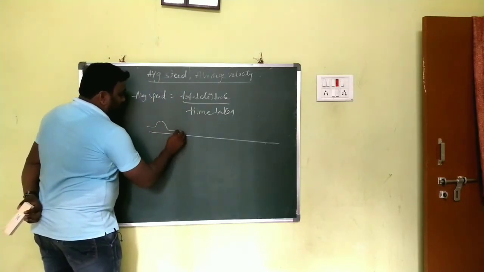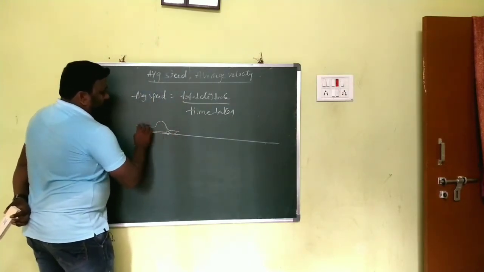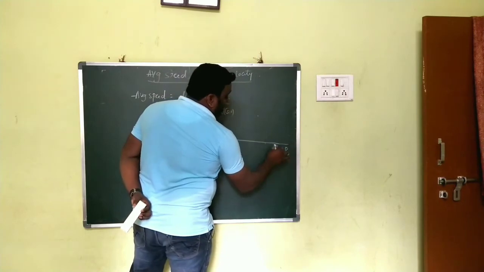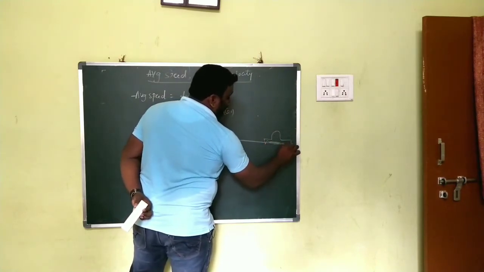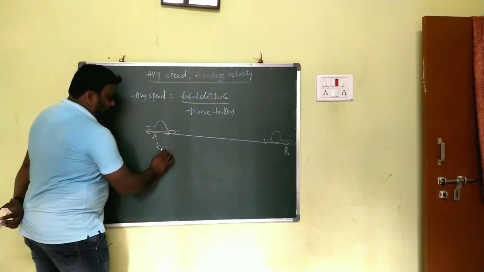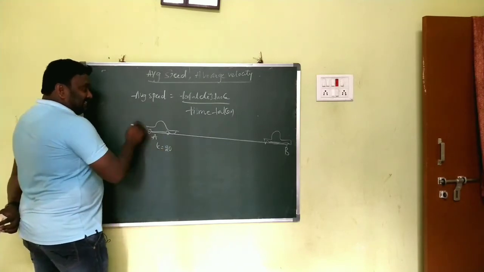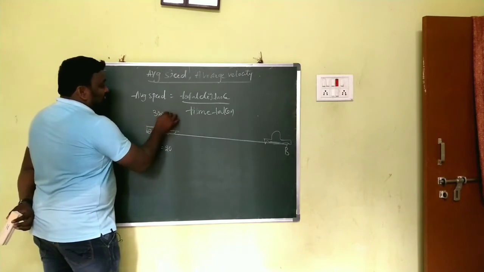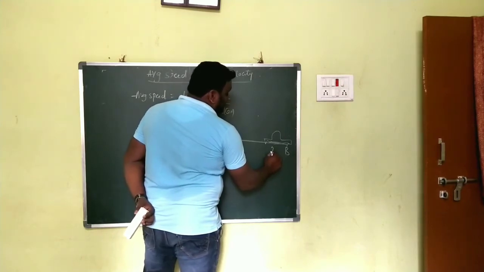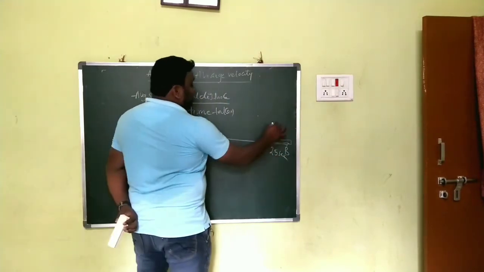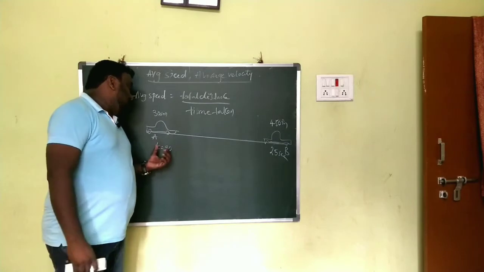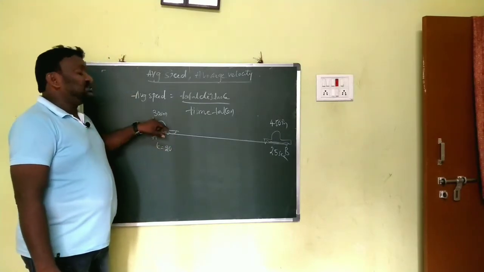For example, here there is a corridor. It starts at point A and the final point is B. When time t is 20 seconds, it is at a distance of, for example, 300 meters.